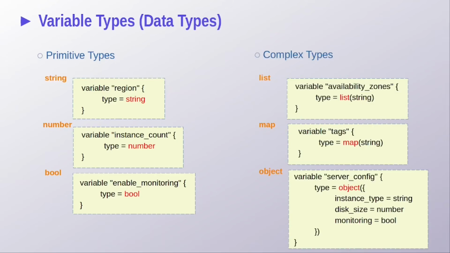Now let's move to more powerful types. List. A list is an ordered collection. A map is a key value pair. And an object is a structured variable similar to JSON. Objects are perfect for complete infrastructure configuration.